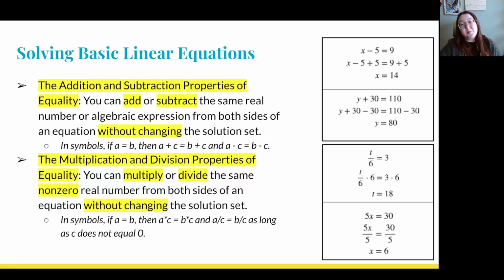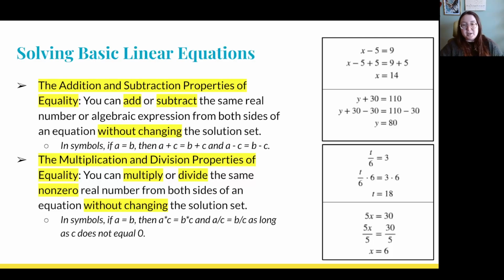You've just moved things around, you've rearranged things, but the equal sign is still there. In symbols, this would look like: if A equals B, then A plus C equals B plus C, same as A minus C equals B minus C. Since you've added or subtracted the same number, in this case C, your equation was still equal. You just have to do it to both sides.